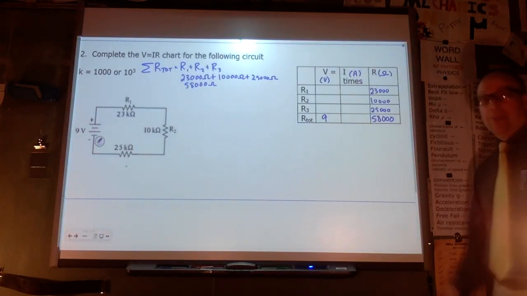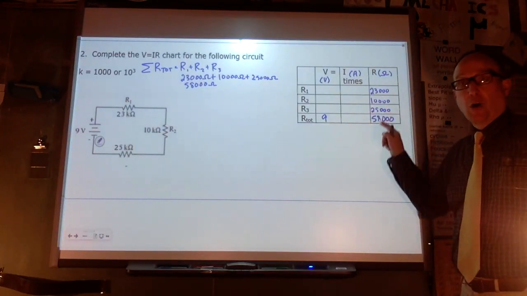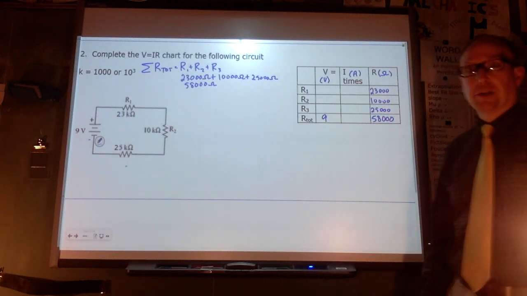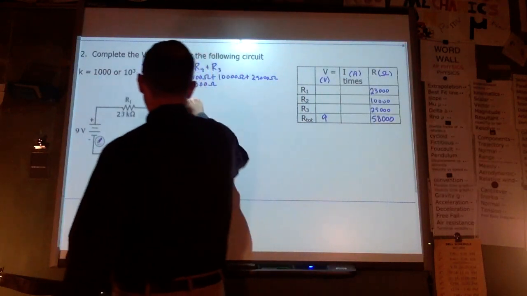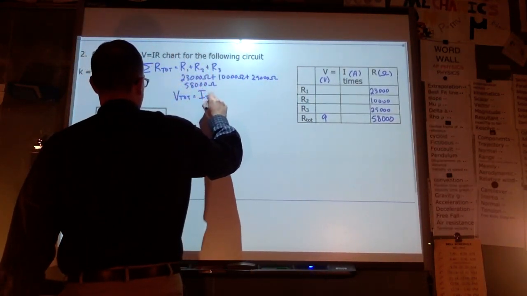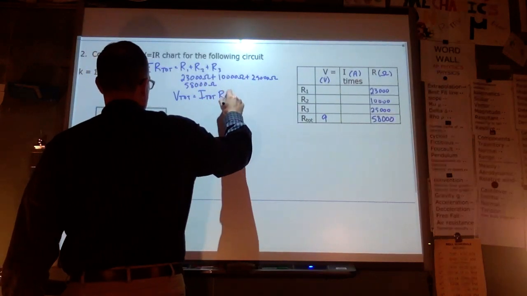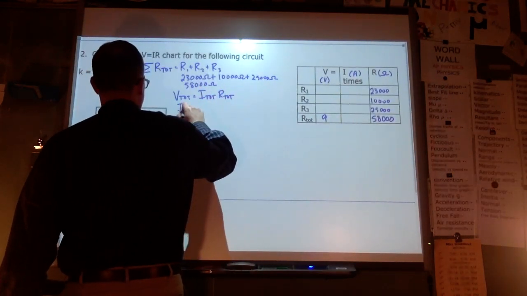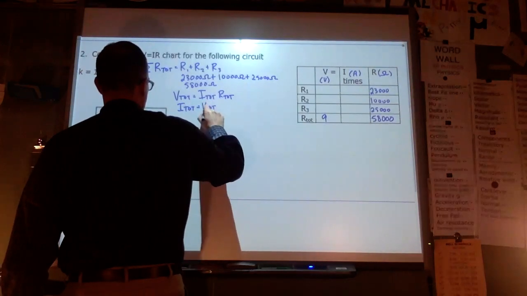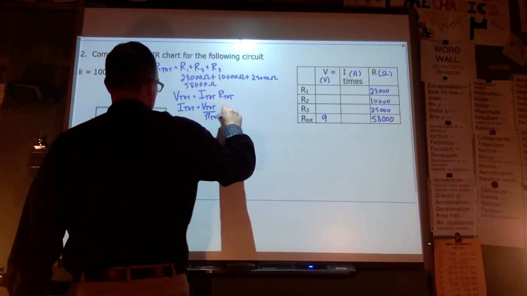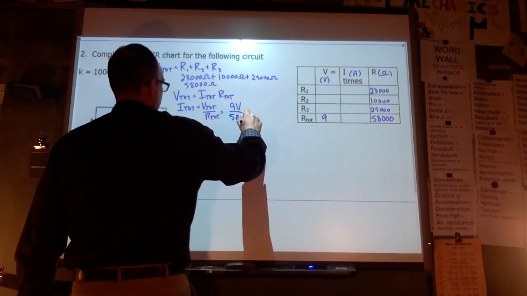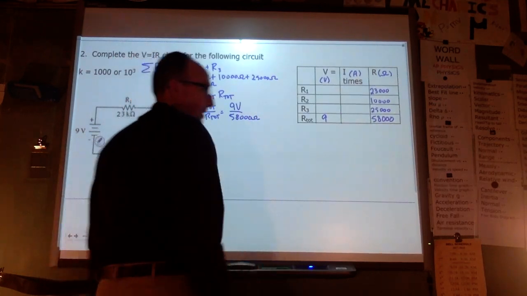All right, now I have two of the things in the total row. I should be able to get the last one, which is going to be I total. So I'm going to say that V total is equal to I total times R total. So I total is V total over R total. And I can see right off the bat that I'm going to have some rounding when I do this.